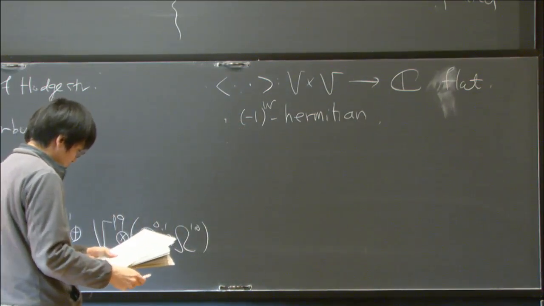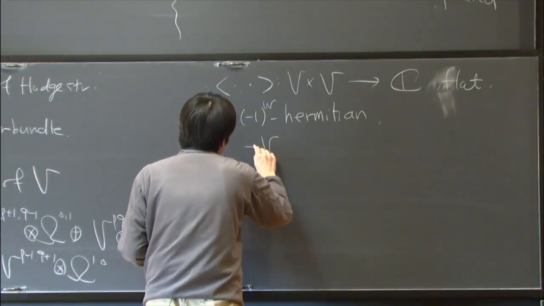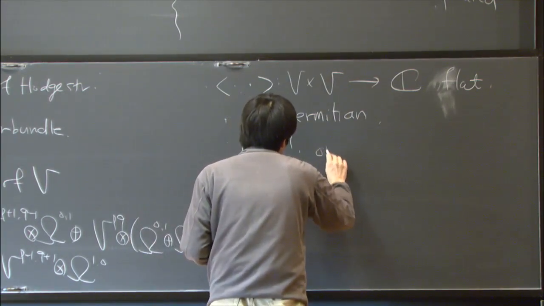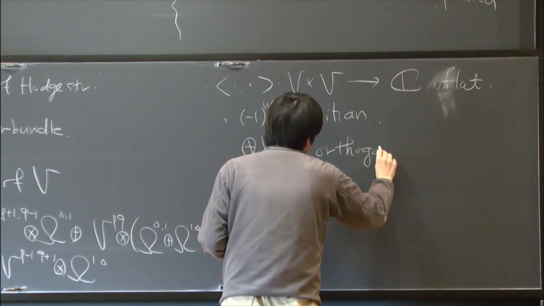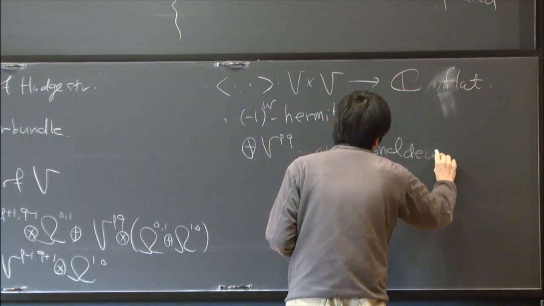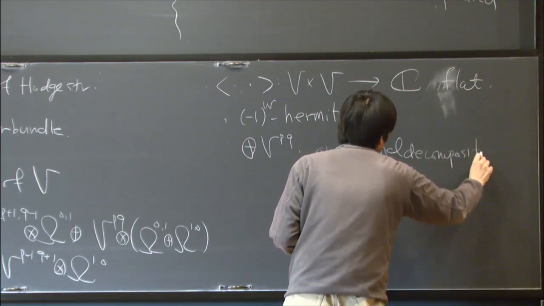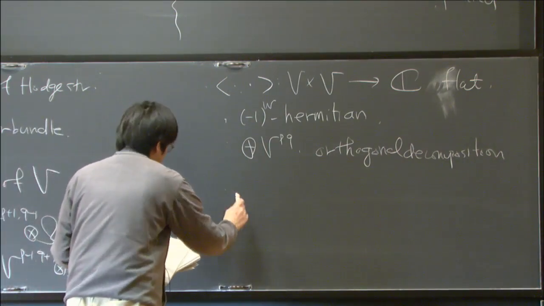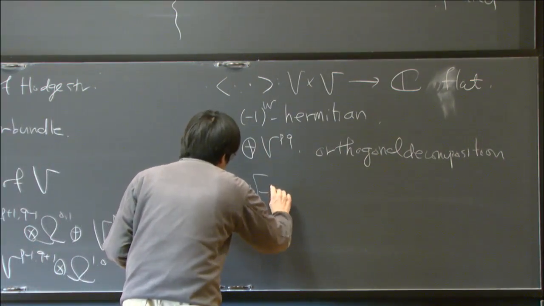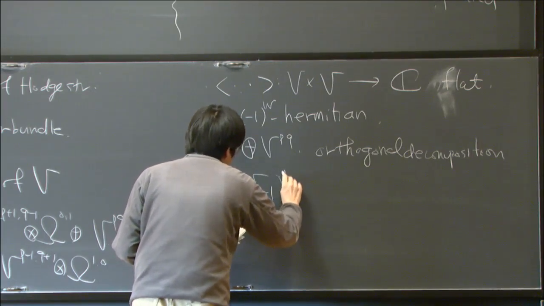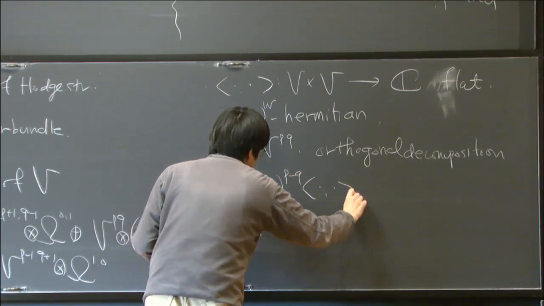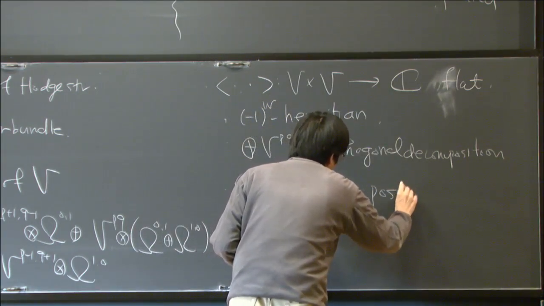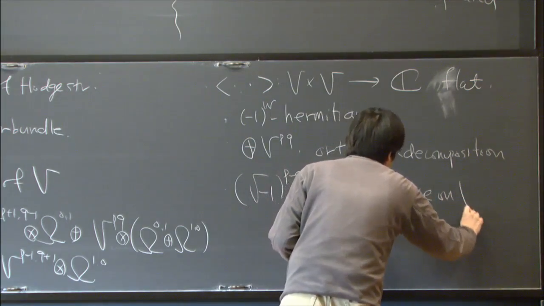And the decomposition into the V^{p,q} is orthogonal. And sqrt(-1)^{p-q} times the pairing is positive on V^{p,q}.